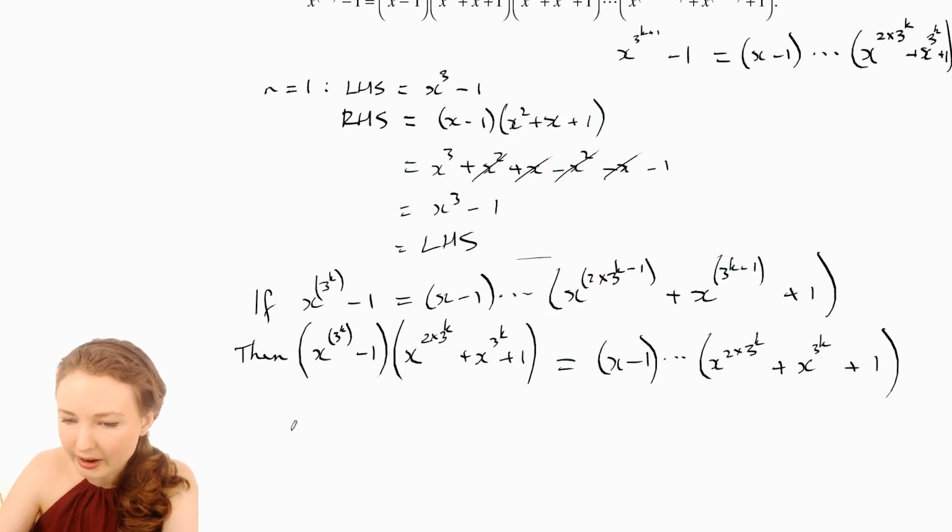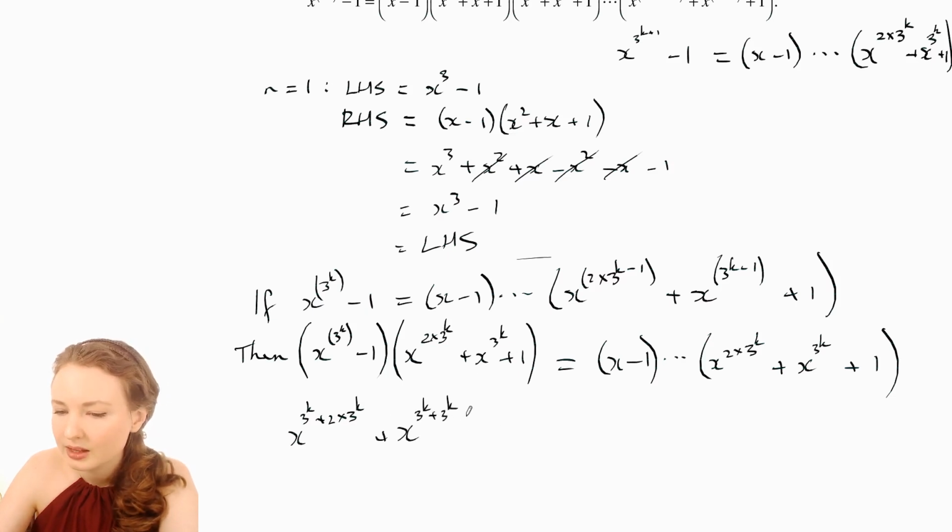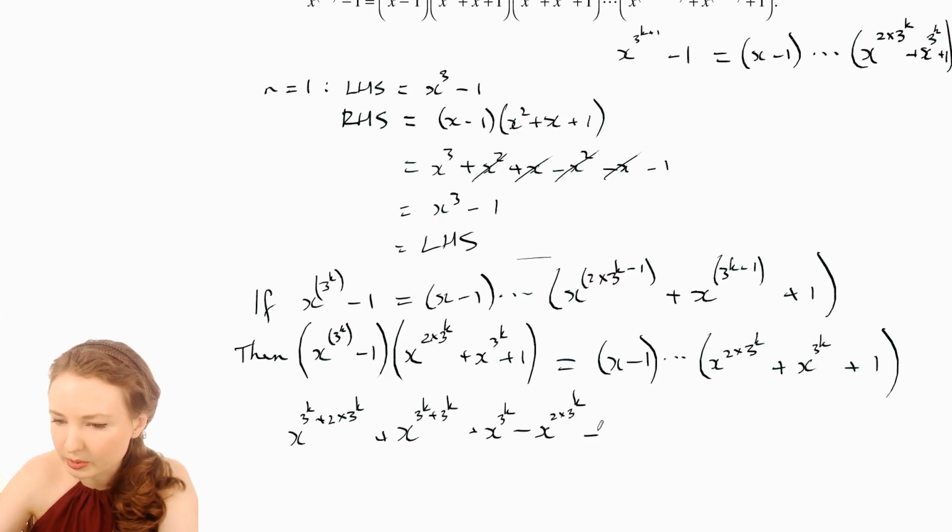So we will have x to the, so this one times that one is like x to the 3 to the k plus 2 times 3 to the k. And then you've got that one times that one, so x to the 3 to the k plus 3 to the k. And then that, and then minus, a lot of writing in this one.